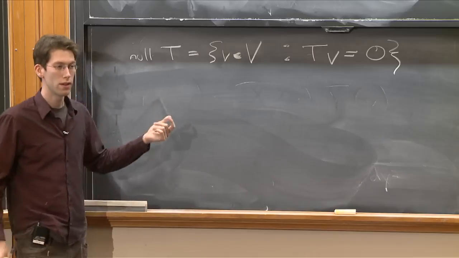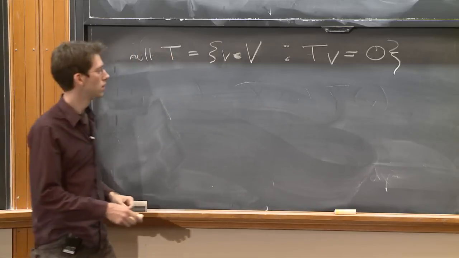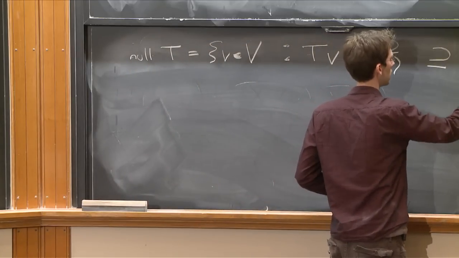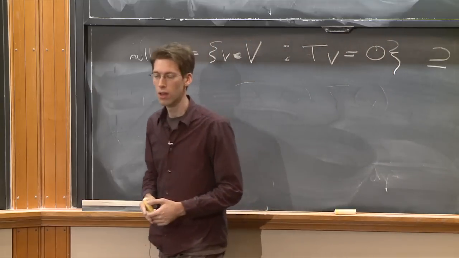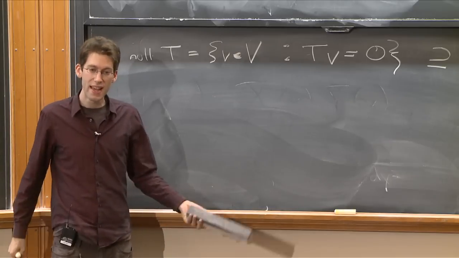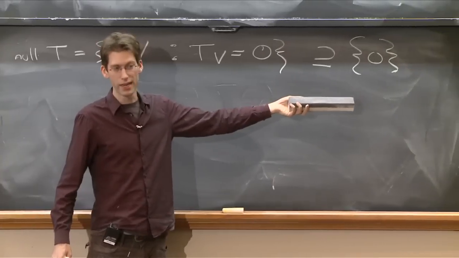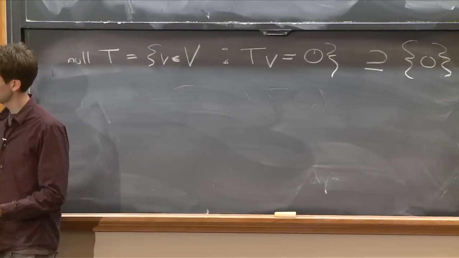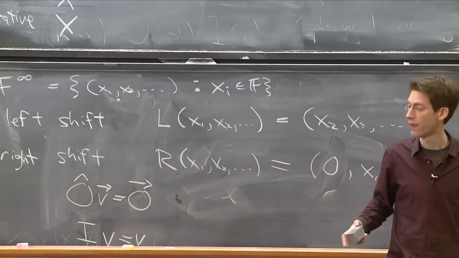This will always include the vector 0, but in some cases it will be a lot bigger. So for the identity operator, the null space is only the vector 0. The only thing that gets sent to 0 is 0 itself. Whereas for the 0 operator, everything gets sent to 0. So the null space is the entire vector space.